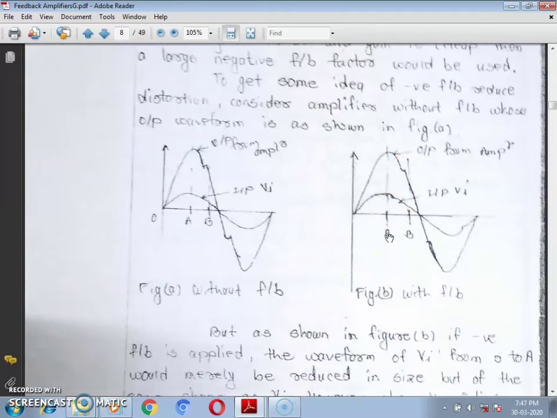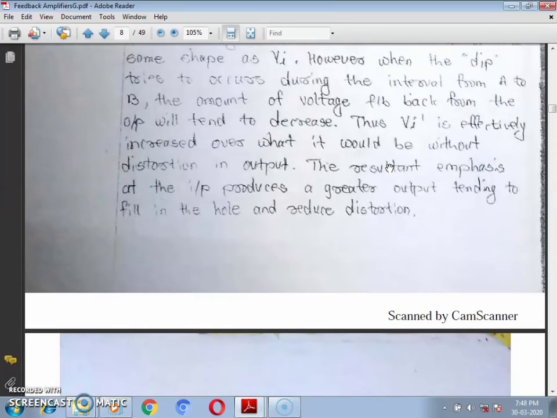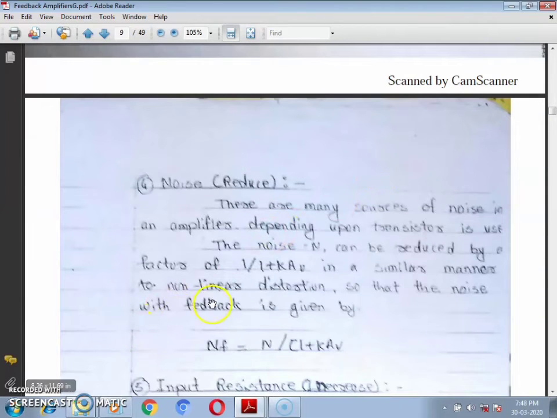So from this it is seen that with negative feedback, the output tries to be an exact replica of the input.